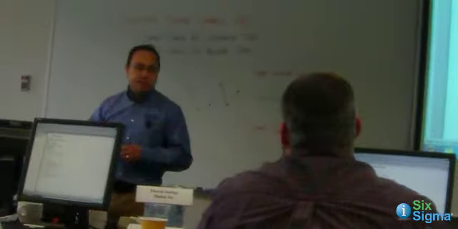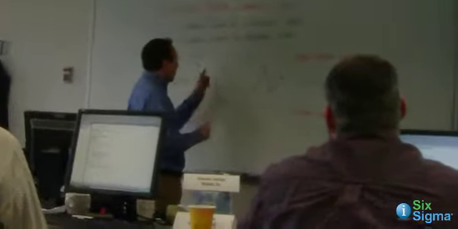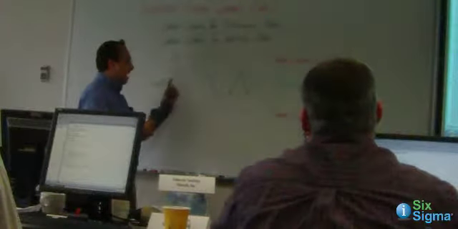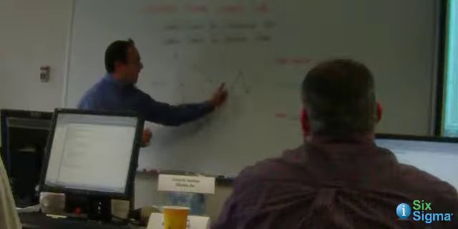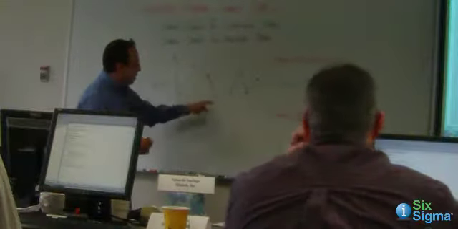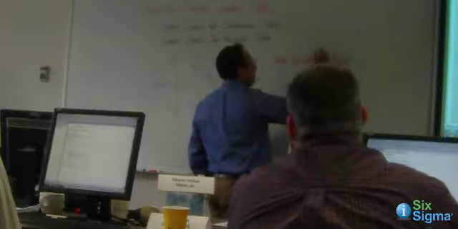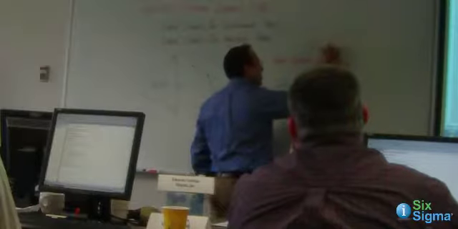So for instance, here is one simple mechanism, you probably have seen it before. X double bar is the average of all the subgroup averages. It's the average of all these averages. For the upper control limit, a simple formula would be X double bar plus 3 times the standard deviation estimated from the data divided by the square root of the subgroup size. I'll talk about that in just a second.